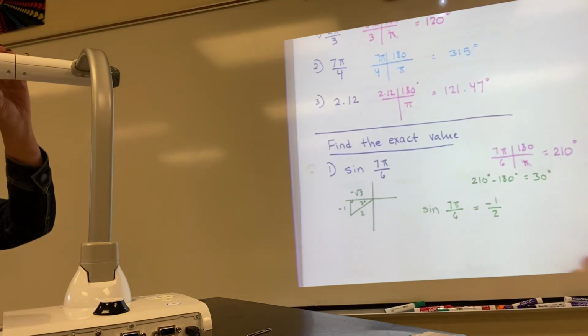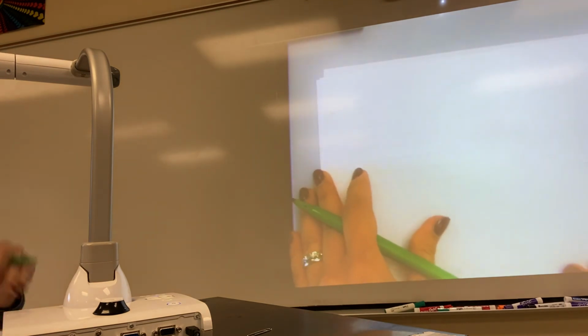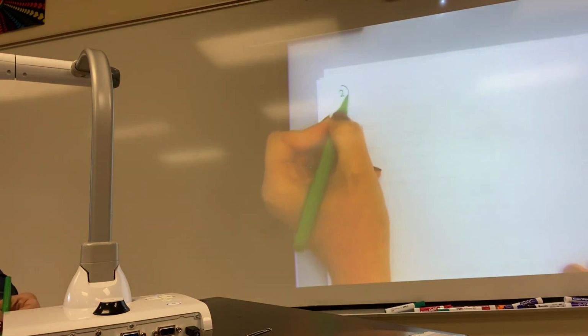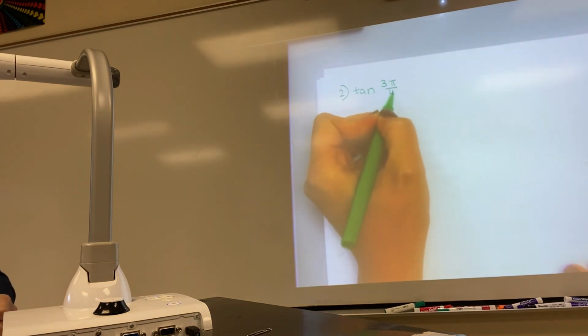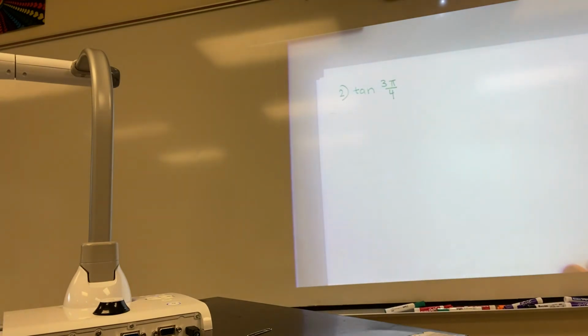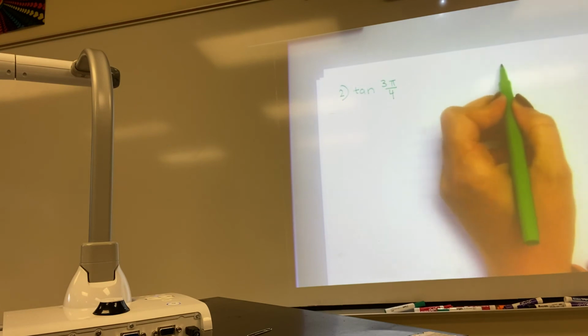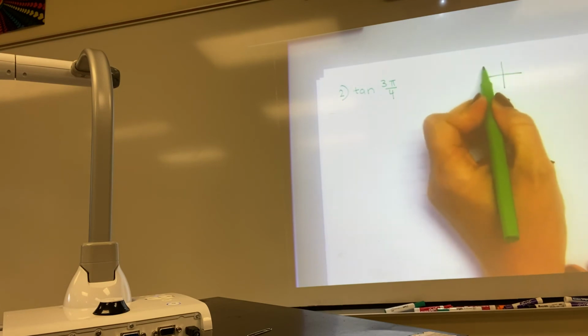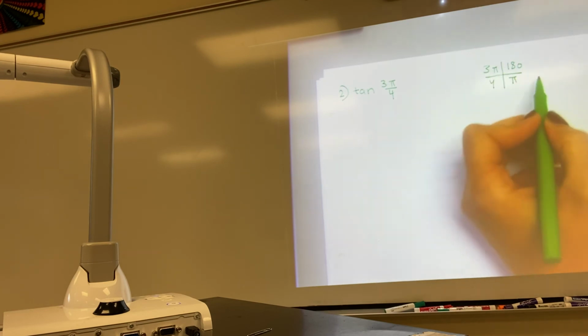Okay, last example. We have number 2, tangent of 3 pi over 4. Again, this is in radians, so I'm going to convert it to degrees. That is 3 pi over 4 multiplied by 180 over pi. Cancel out the pi's.